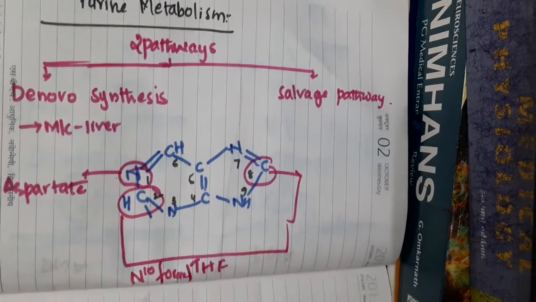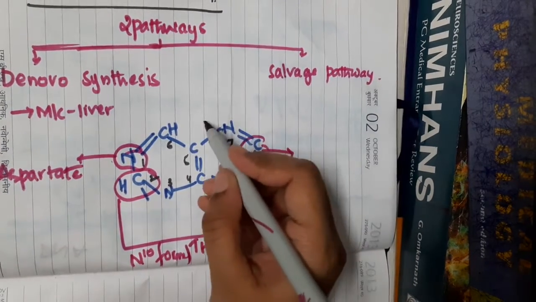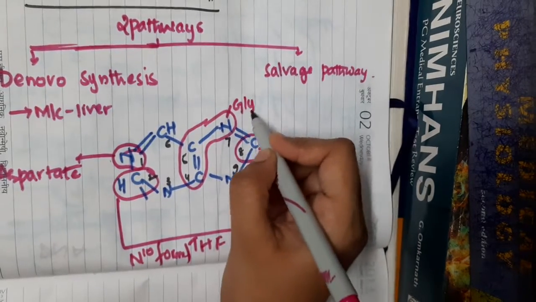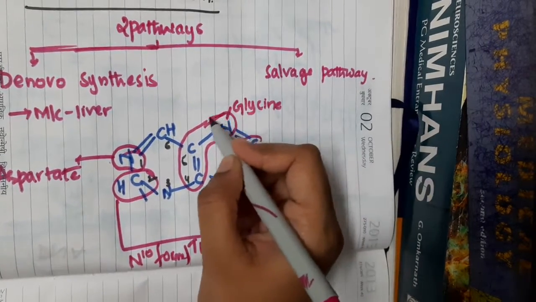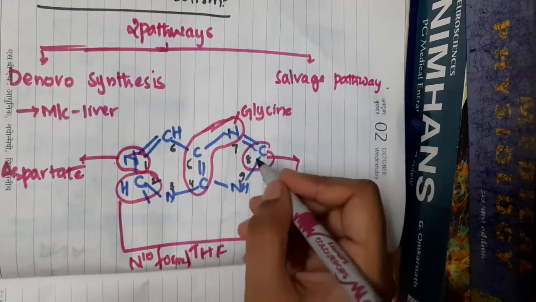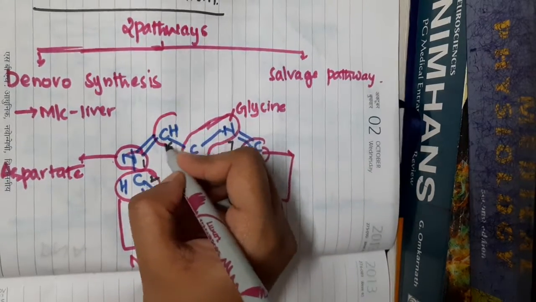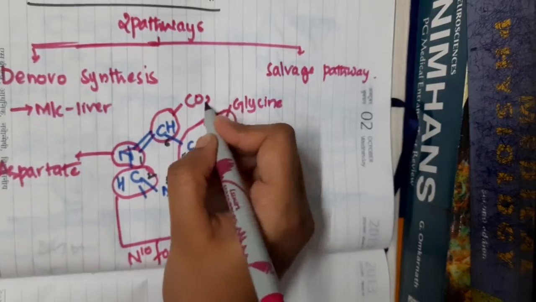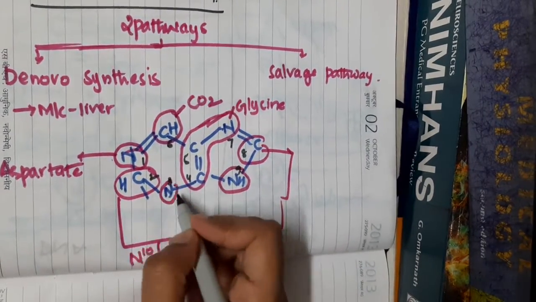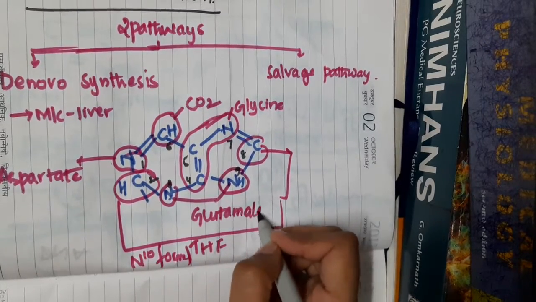Then C4, C5 and N7 are derived from glycine, whereas C6 is derived from carbon dioxide, and N3 and N9 are derived from glutamine.